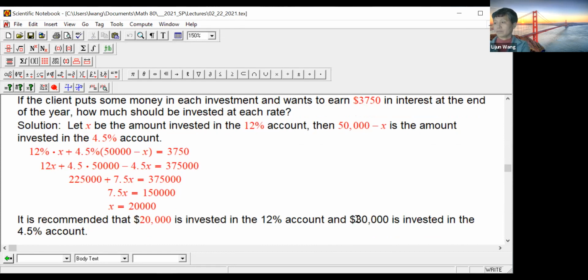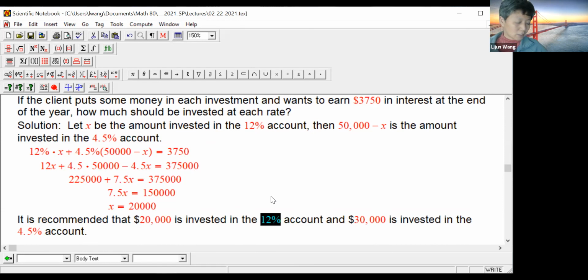That's it. So more money is put in the safer account than the risky one. But these are just different ways. What we learn is a method. It's a means to handle a situation like this.